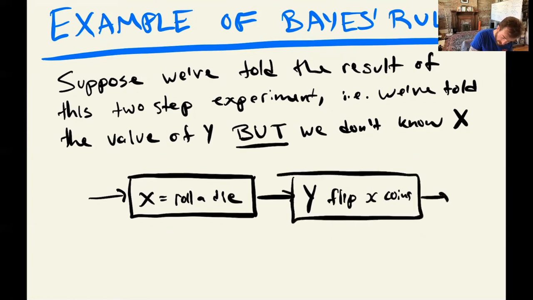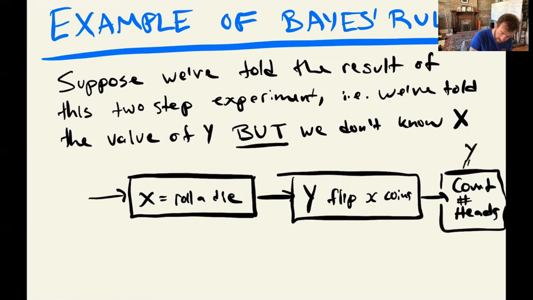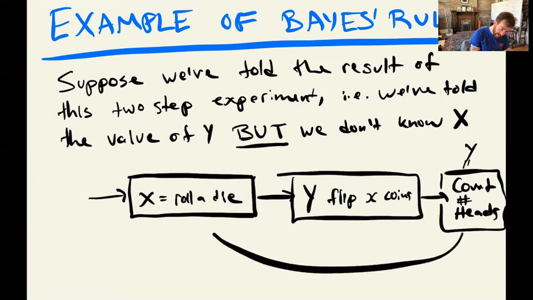And then we eventually just reported by counting the number of heads. And this was the value, or the output, of Y. We're curious about how we can go back and do this inference process.